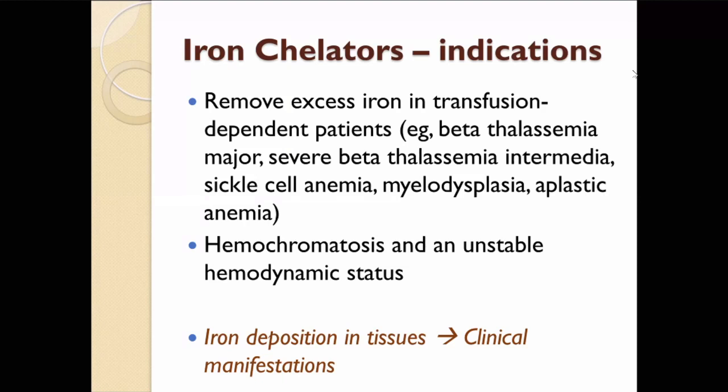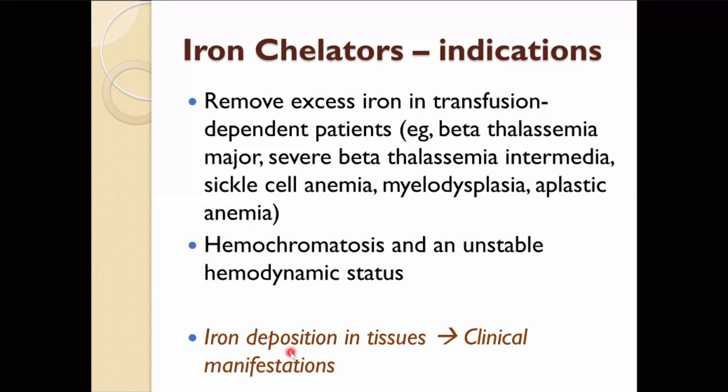For example, in thalassemia patients, in myelodysplastic syndrome, sickle cell anemias, they can develop iron overload. The other thing is hemochromatosis, an inherited disorder where there is a dysregulation of iron homeostasis, and over time they also get iron overloaded. In hemochromatosis, if the patient is unstable, for example, if they have cardiac involvement and become unstable, again we can use iron chelators.